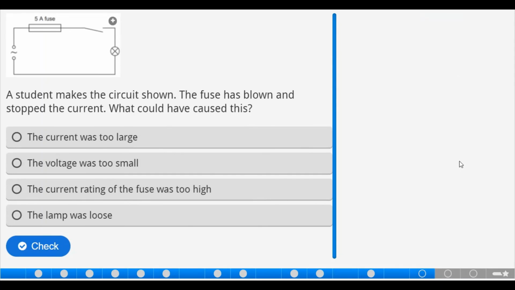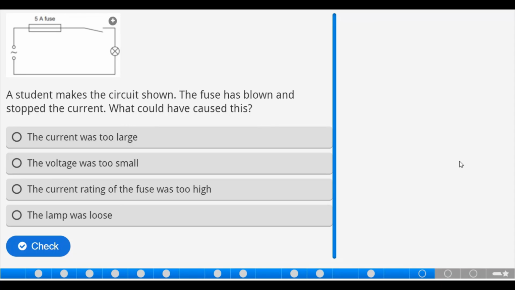Now, let's deal with this question. Okay? A student makes the circuit shown. The fuse has blown and stopped the current. What could have caused this? The current was too large, the voltage was too small, the current rating of the fuse was too high, the lamp was loose.